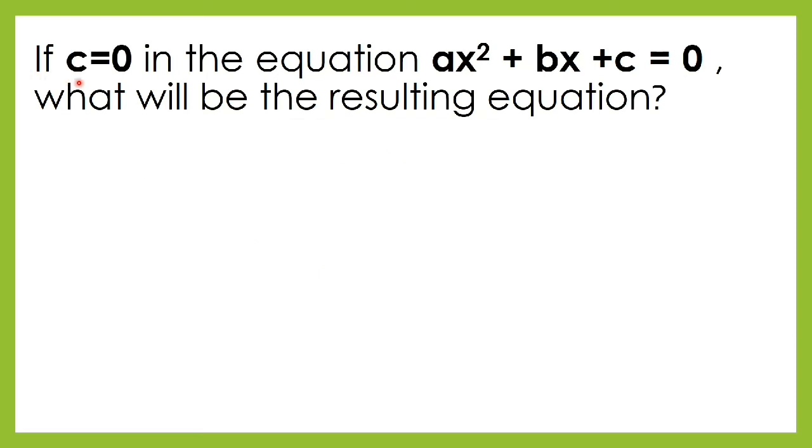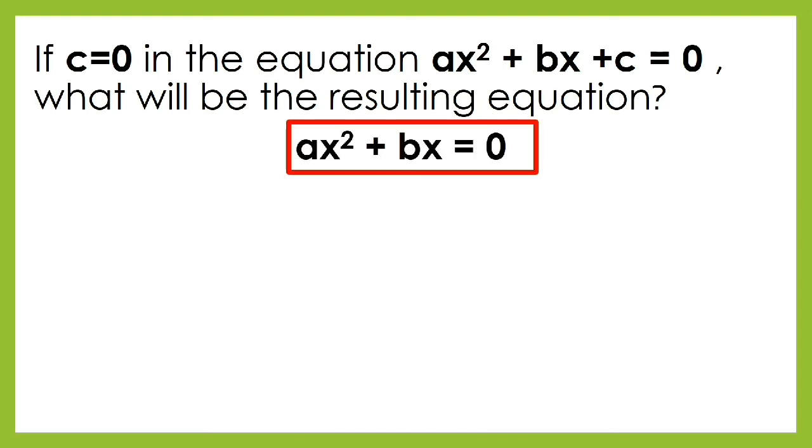What if c is equal to 0 in the equation ax squared plus bx plus c equals 0? What will be the resulting equation? The resulting equation, if c is equal to 0, is ax squared plus bx equals 0.